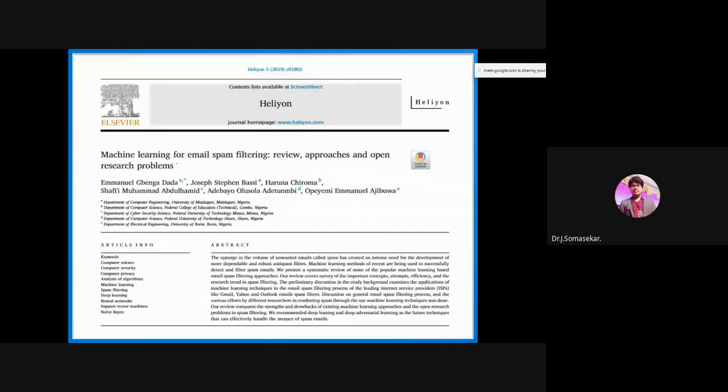The complete details on spam or not spam you can find in journals, for example "Machine learning for email spam filtering: review, approaches and open research problems." You will get more ideas from this paper, because I'm giving only the basic idea.